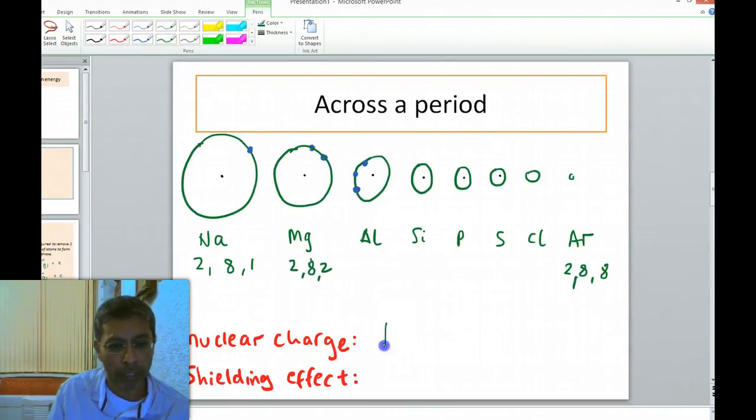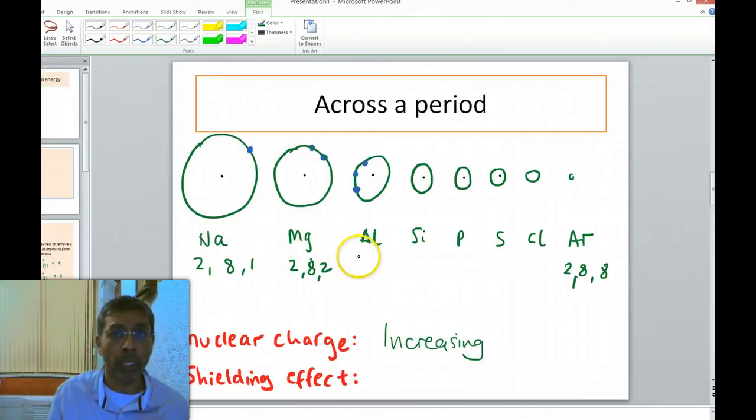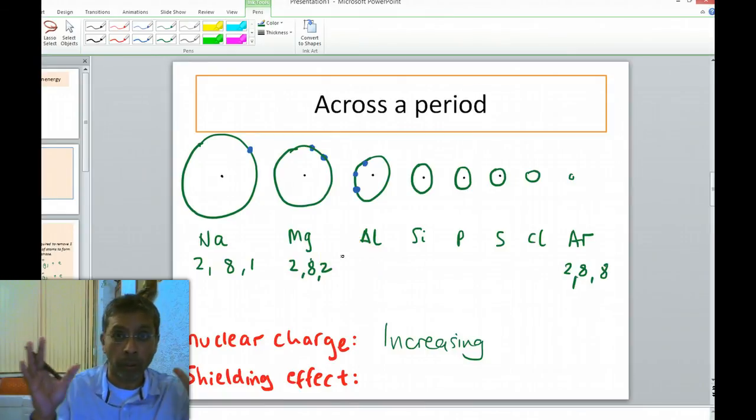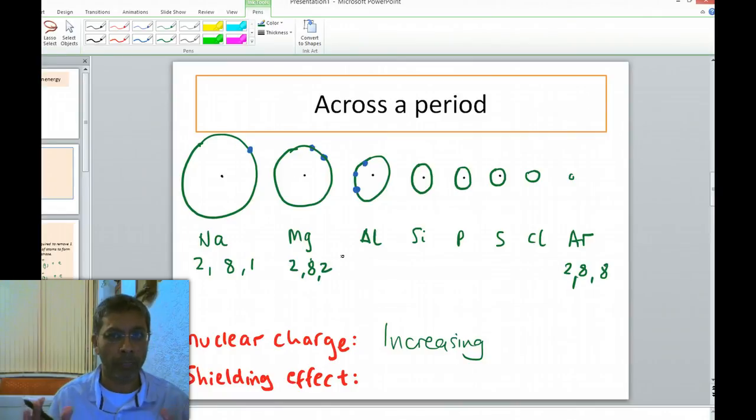You know the reason why. Sodium has atomic number 11, 11 protons, magnesium 12 protons, aluminium 13 protons. So the nuclear charge, the positiveness of the nucleus, is increasing, which means that the outer shells are being pulled in. So therefore the atoms are getting smaller.